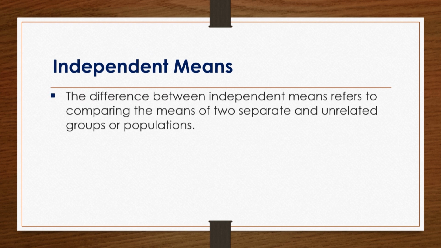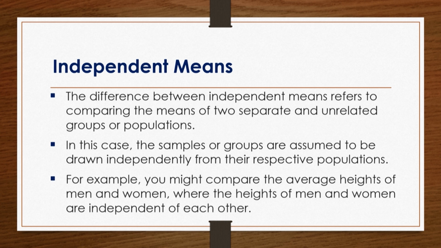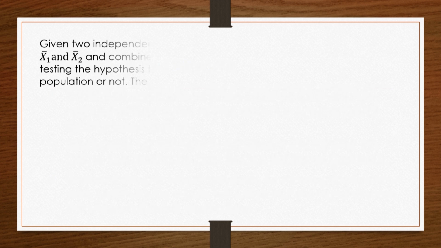Independent means. The difference between independent means refers to comparing the means of two separate and unrelated groups or populations. In this case, the samples or groups are assumed to be drawn independently from their respective populations. For example, you might compare the average height of men and women, where the heights of men and women are independent of each other.